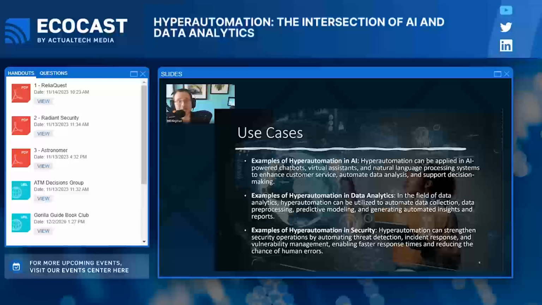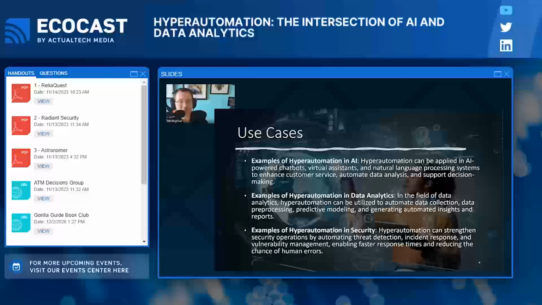So in AI, hyper automation can be applied in AI-powered chatbots, virtual assistants, and natural language processing systems to enhance customer service and automate data analytics, obviously supporting decision-making as well. And when it comes to data analytics specifically, hyper automation is utilized to automate data collection, pre-processing, predictive modeling, and even generating automated insights into reports.